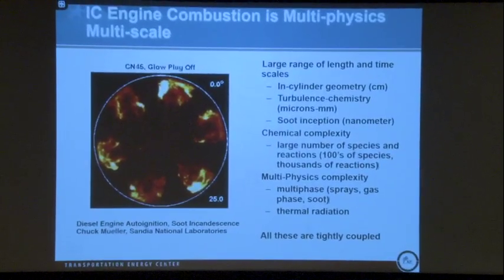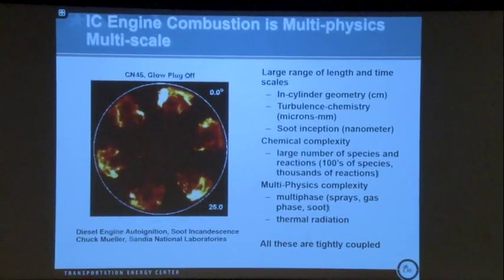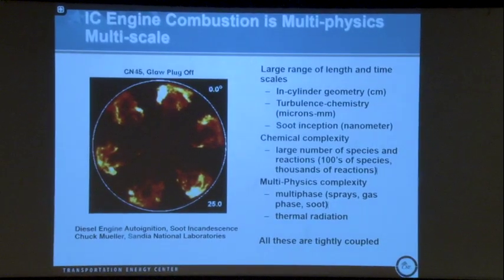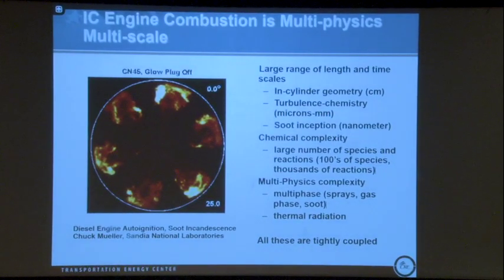So in addition to the large range of scales, we also have to deal in combustion with chemical complexity. The simplest fuel that we burn is hydrogen, which has 9 species, but if we move up the carbon number to more practical fuels, C8 and above, you can quickly encounter species numbers on the order of thousands of species and 10,000s or so of elementary reaction steps that describe that chemistry in a detailed model.